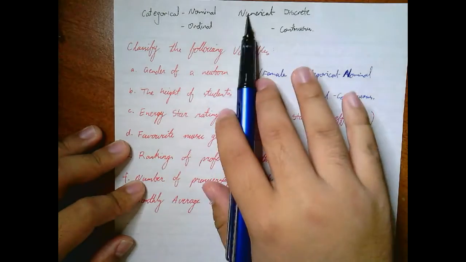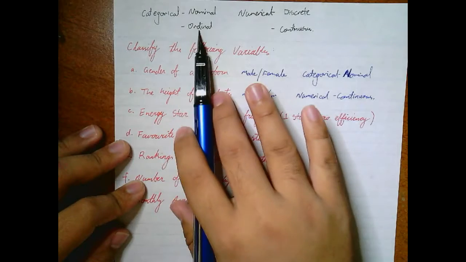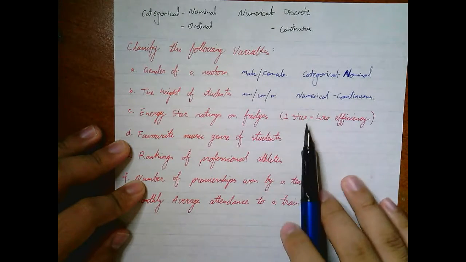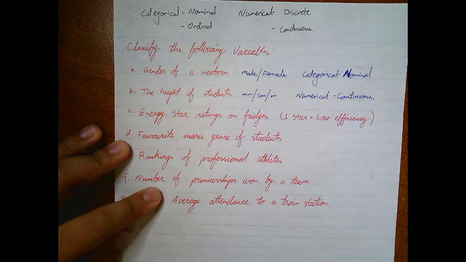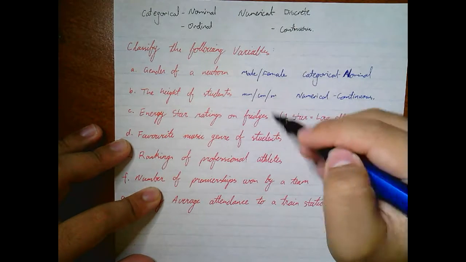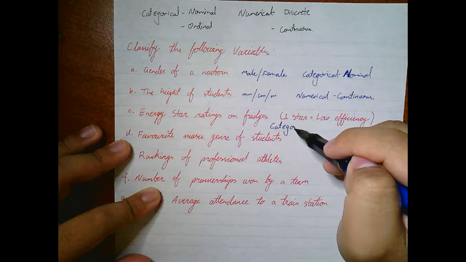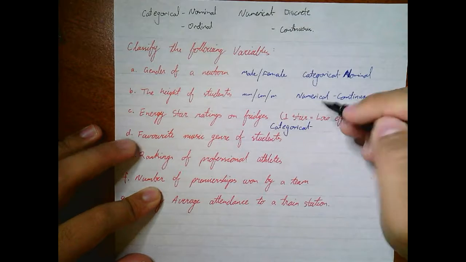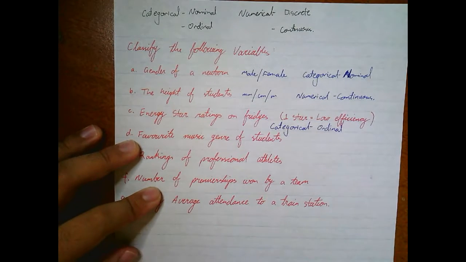So it's actually categorical. And is there an order to it? Yes, there is, because 1 is the lowest, meaning 2, 3, 4, and 5 are better. So this is categorical ordinal.